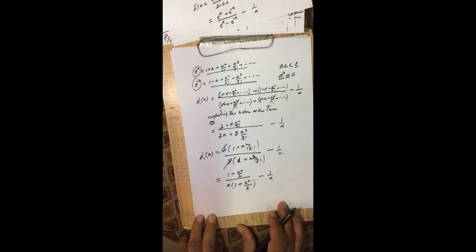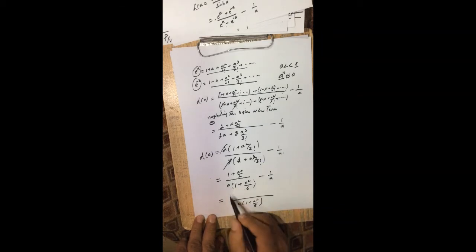Now if I take a into 1 plus a square over 6 as the LCM, here I am left with 1 plus a square over 2, and then we have minus 1 minus a square over 6 here. Now this plus 1 cancels with this minus 1.